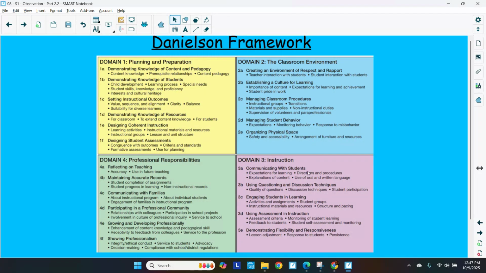I'll be getting up to next week domain 3, instruction, but I will not be doing domain 4, because that is the reflection document. And I'll share with you a little later in time, but you need to know that your administrators will be grading you based on domains 1, 2, and 3.